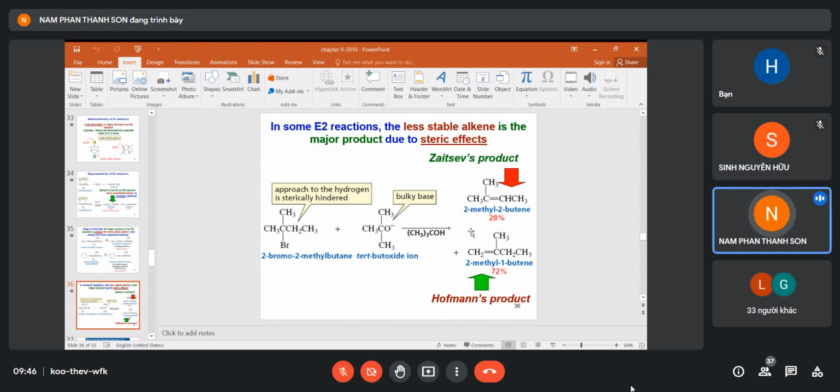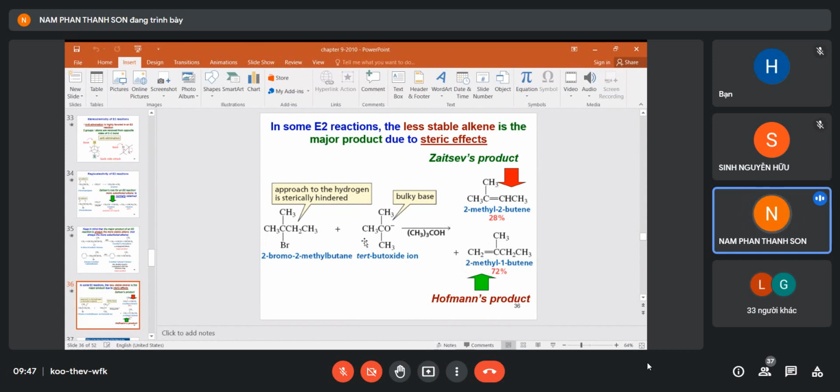In this case, from 2-bromo-2-methylbutane, because the base is big, it is difficult to take the proton from the CH2. So it will take the proton from CH3. So the main product is 2-methyl-1-butene, although this double bond has less hyperconjugation hydrogens.